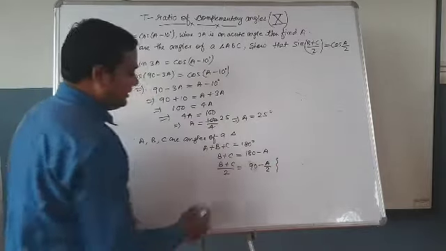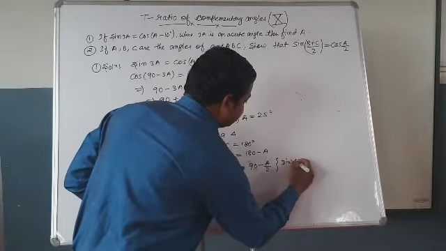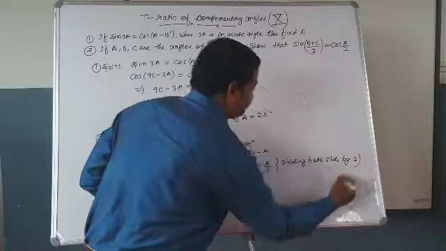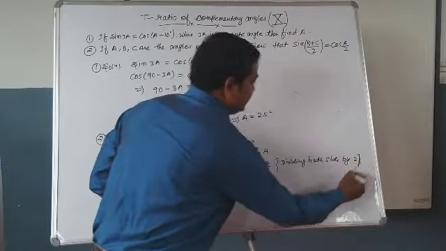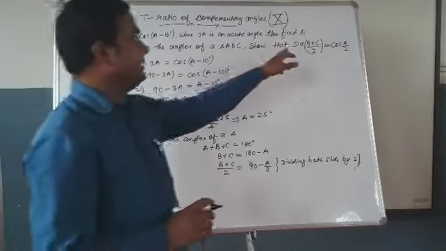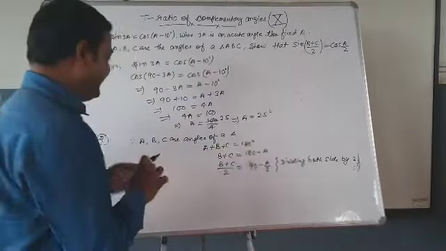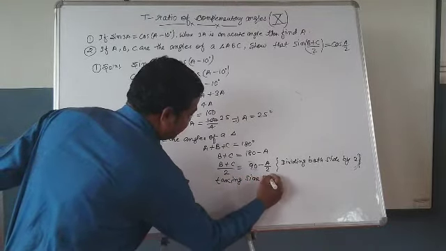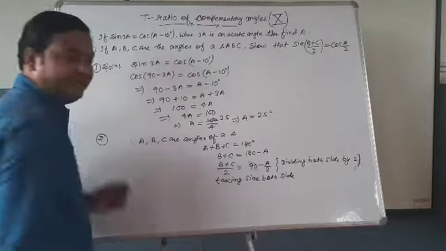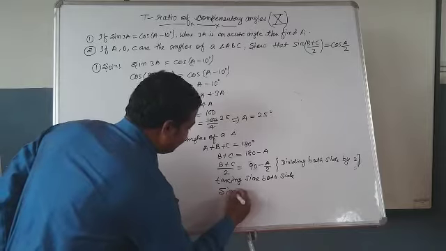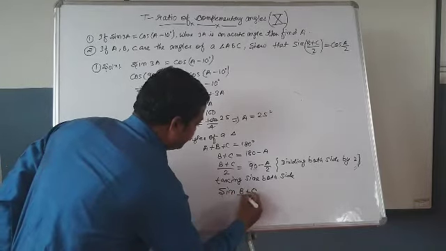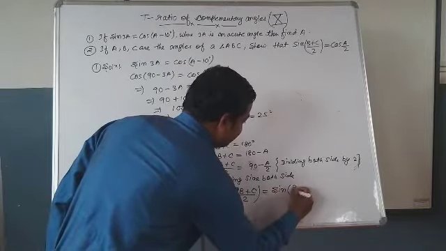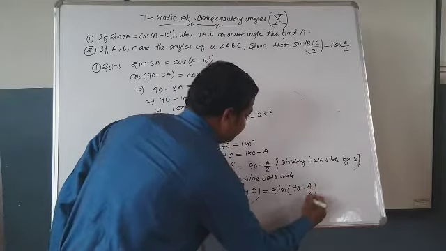Now in the left-hand side sin is there, so taking sin on both sides, sin (B plus C) by 2 equals sin (90 minus A by 2).